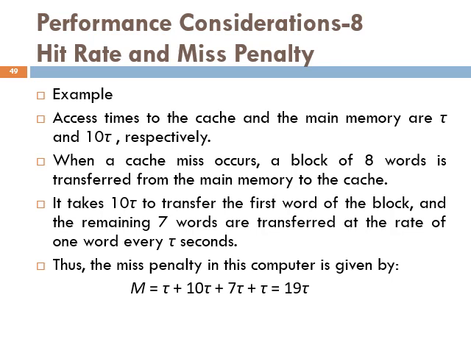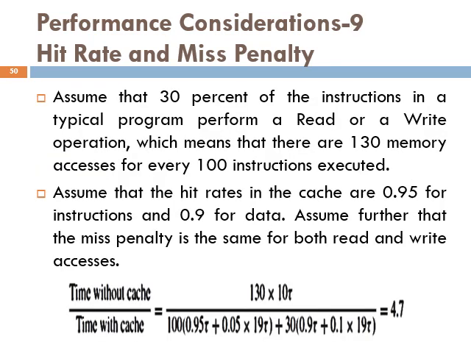The miss penalty also includes a delay of tau for the initial access to the cache, which misses, and another delay of tau to transfer the word to the processor after the block is loaded into the cache. Thus, the miss penalty in this computer is given by m = tau + 10 tau + 7 tau + tau, which is equal to 19 tau.